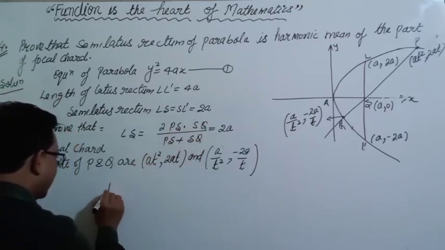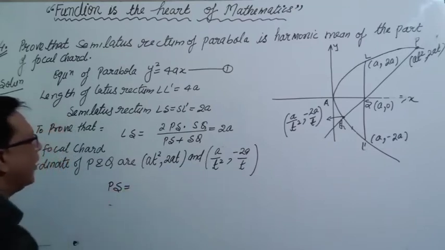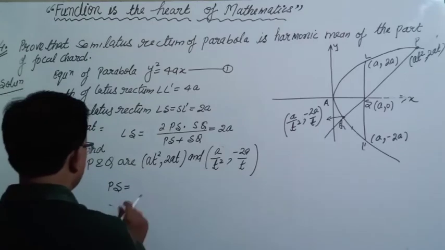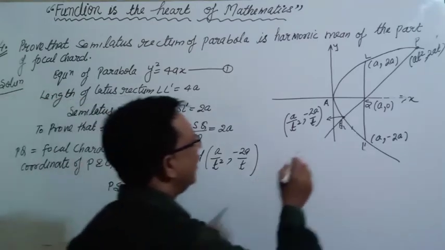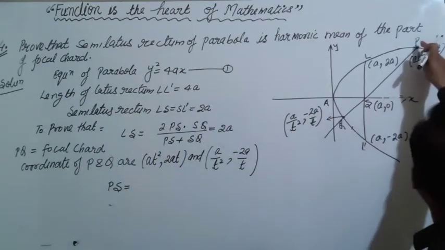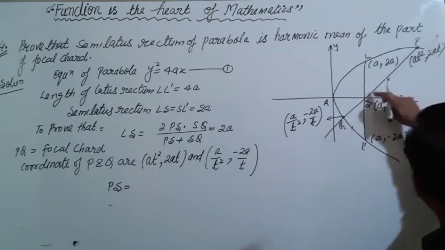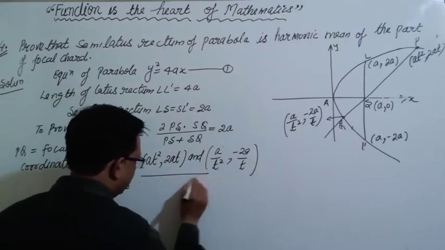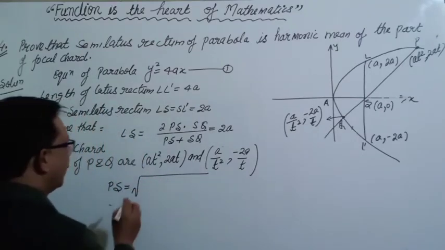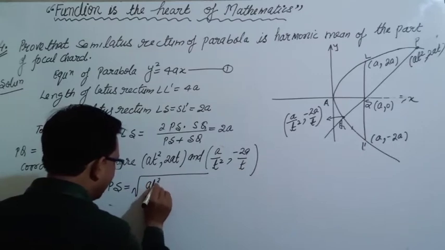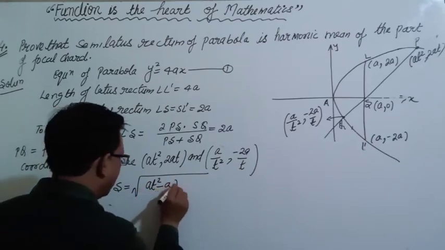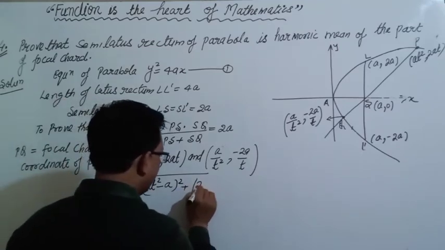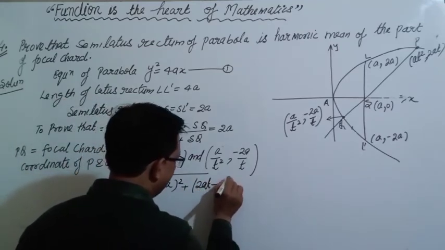Okay, so first we find PS. Where is S? Where is P? S is this point and P is this point. We are going to find the distance between these points by applying the distance formula: (x2 minus x1) whole square, which means (at² minus a) whole square, plus (y2 minus y1) whole square, (2at minus 0) whole square.